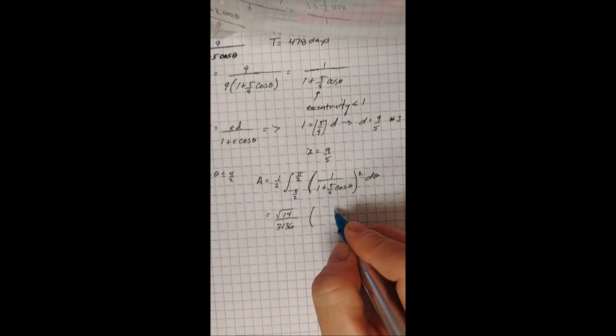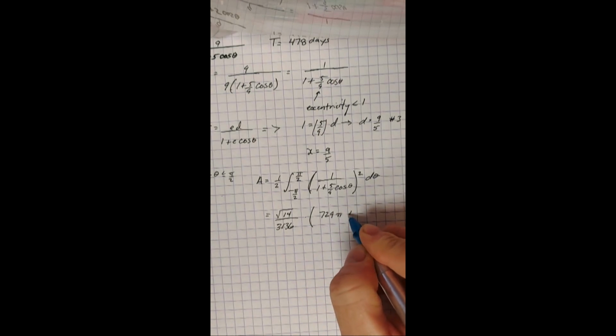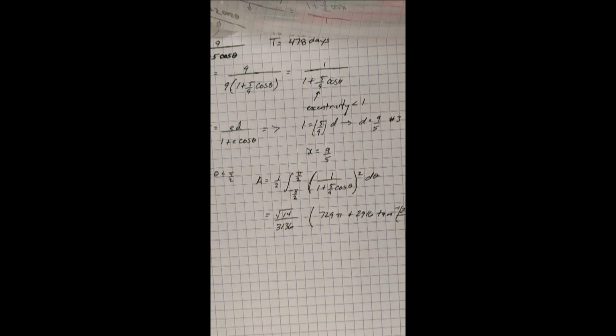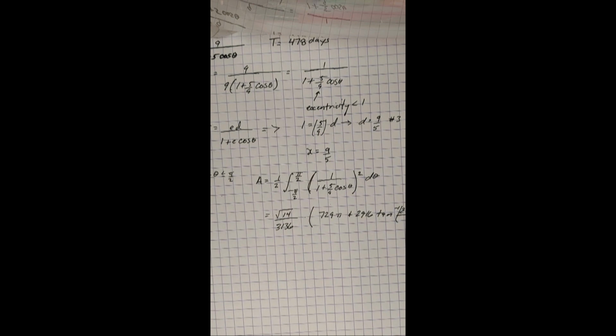So we have 729 pi plus 29/16 arctangent of 2 square roots of 14 minus 9, all divided by 5 minus 180 times the square root of 14.